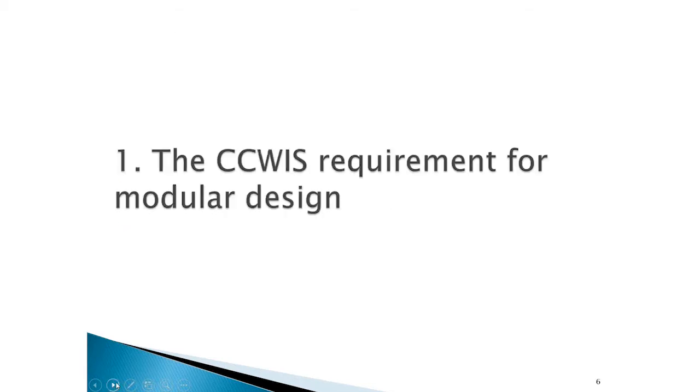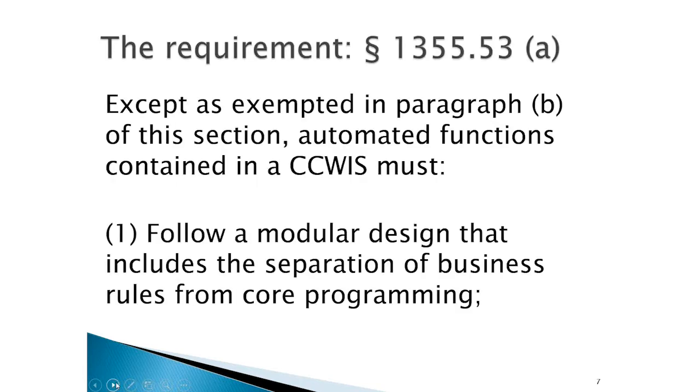So moving on to the CCWIS requirement for modular design. The requirement is laid out in Section 1355.53(a). Roughly stated, it says that except as exempted in paragraph (b), automated functions contained in a CCWIS must follow a modular design that includes the separation of business rules from core programming.